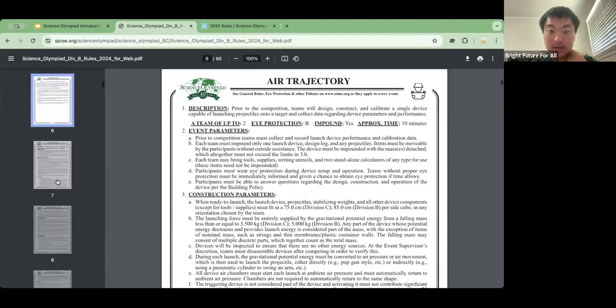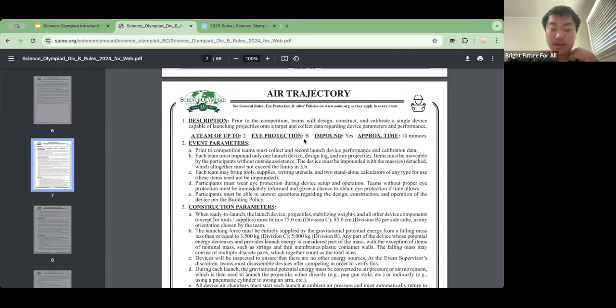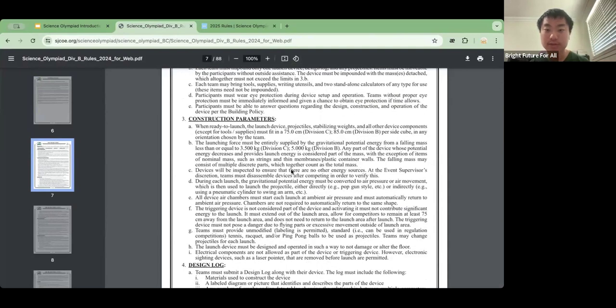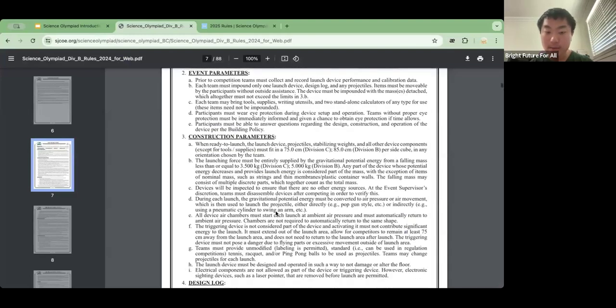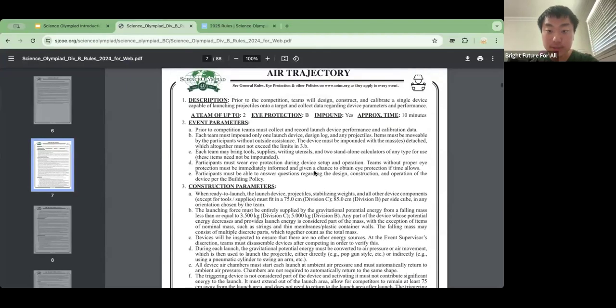So for example, this is the Air Trajectory event. This will tell you some of the regulations you must have within your build. It's a build event, by the way. This tells you if there are any guidelines you must follow within your build.